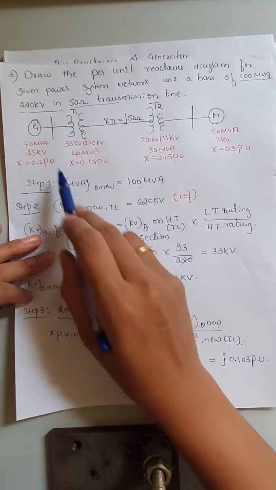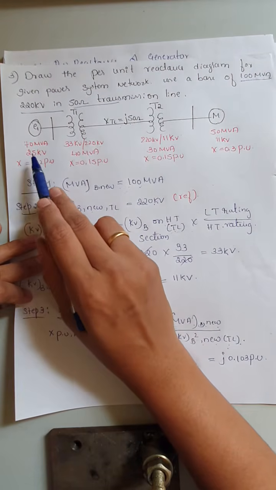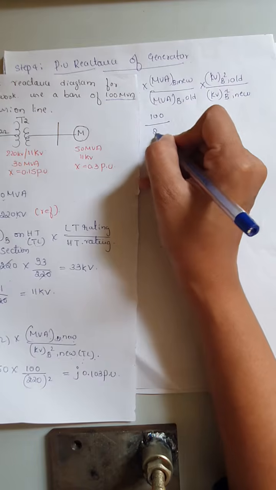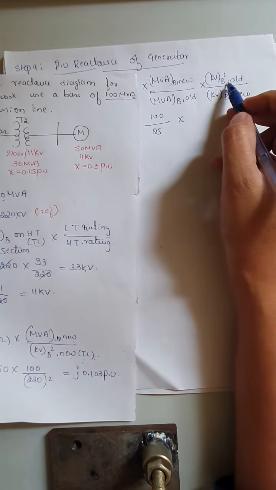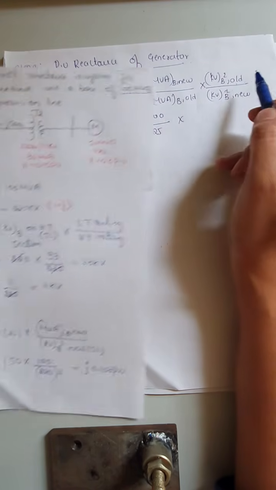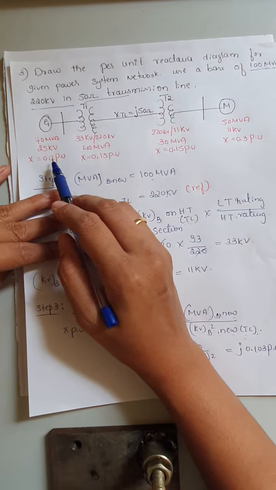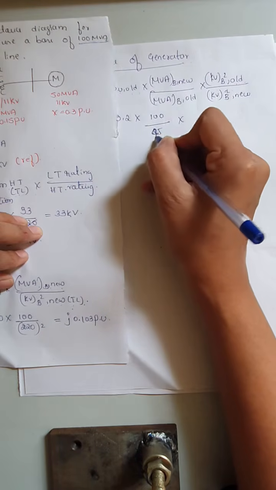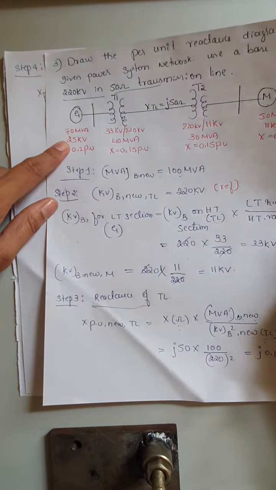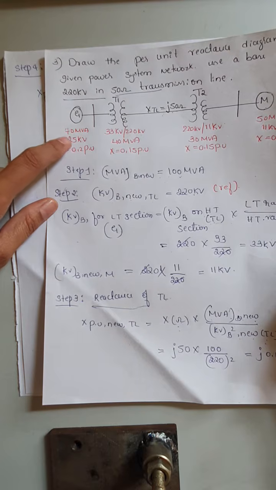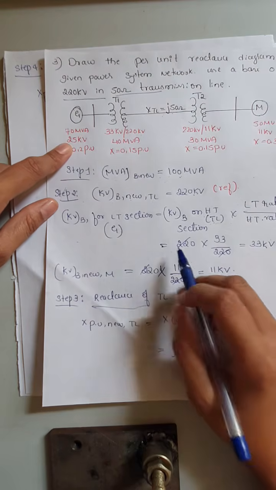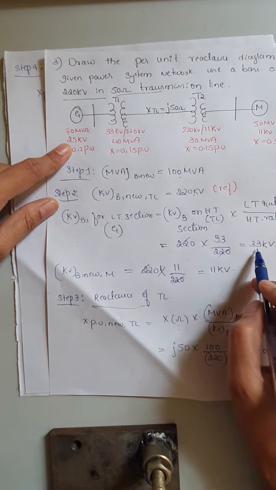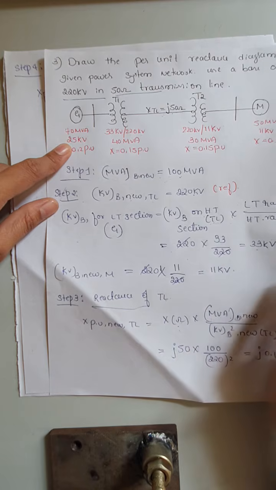Old is nothing but the given data, that is 40 MVA, multiplied by kilovolt base square old, given in the problem as 25, and kilovolt base square new from step 2, that is 33.